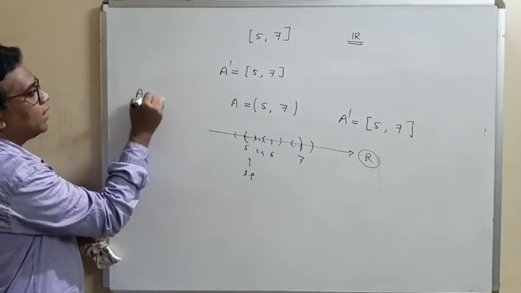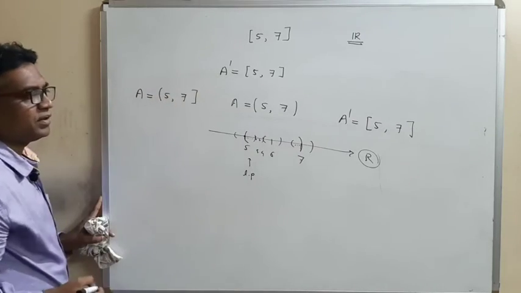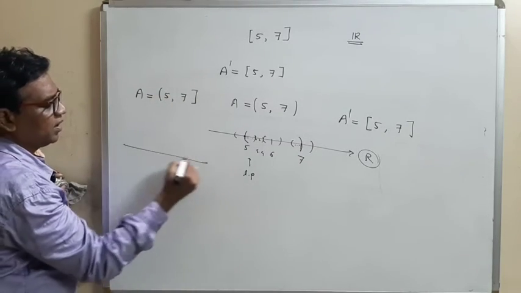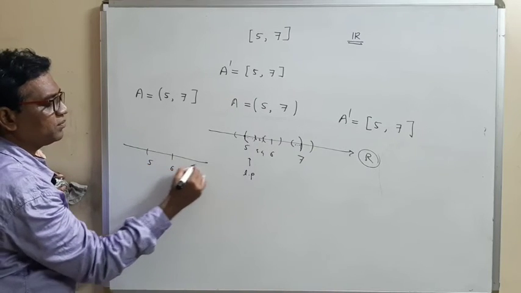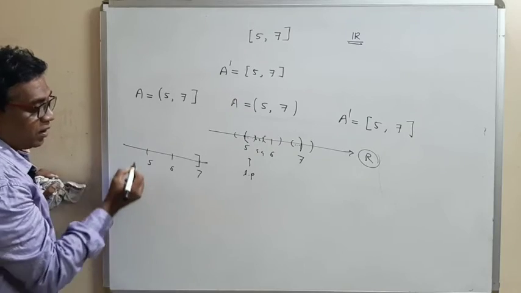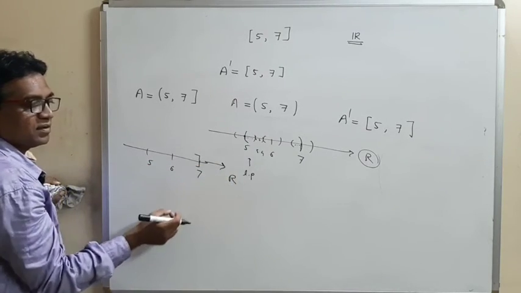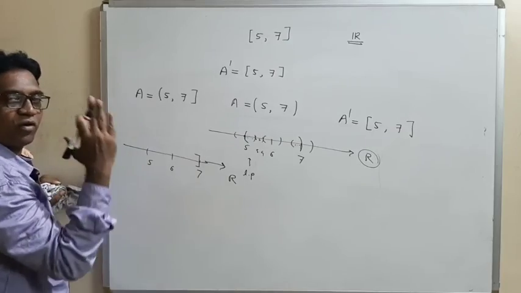Now find the limit points for the half open interval 5 to 7. Again the same: exclude the end point 5, and include the end point 7. Now 5 is a limit point. Just take this as a real line. We can take any number for the real line.